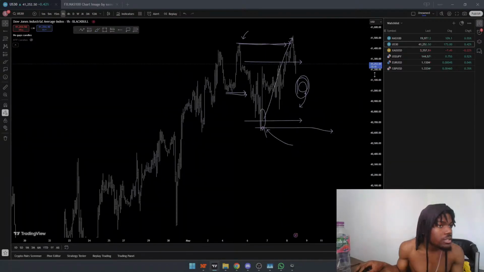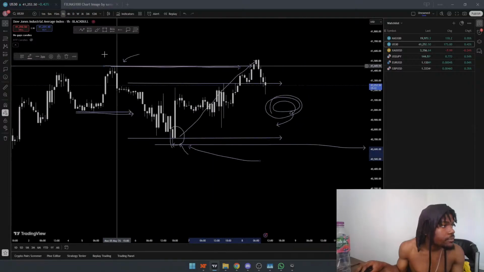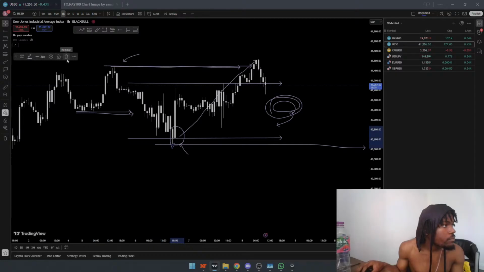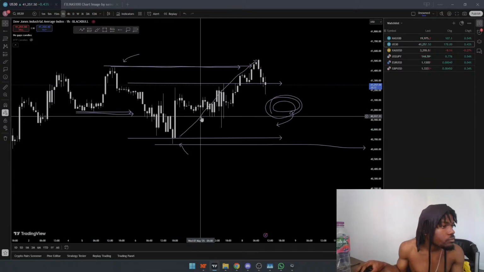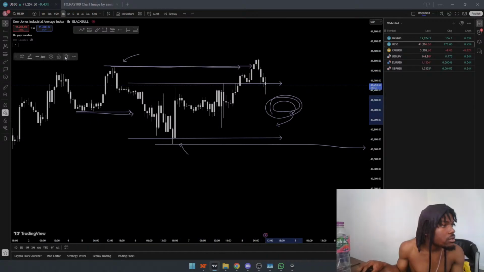But yeah, higher time frame stuff too, right? But that's just how you apply the rules and how I apply it when it comes to looking for a higher time frame setup.